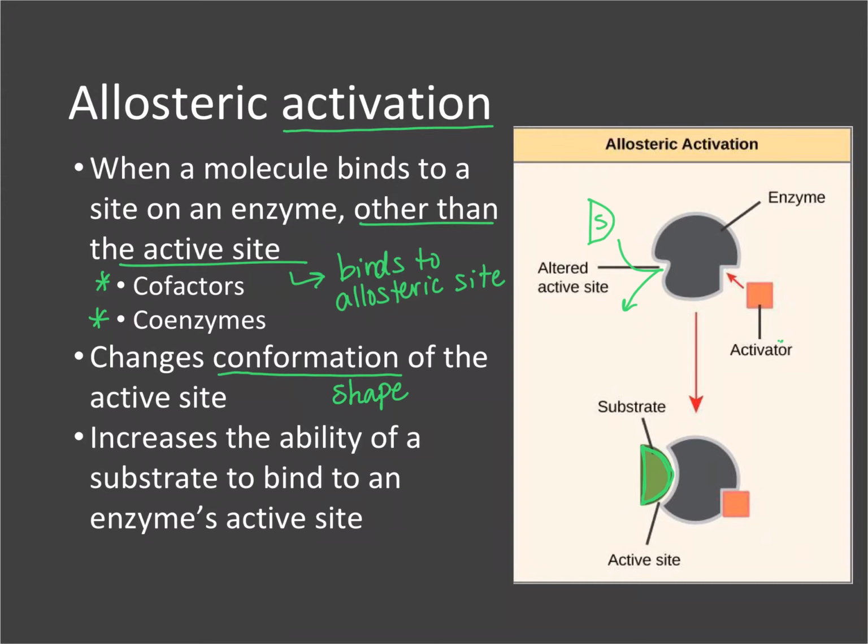But if we have this activator, which is going to be our cofactor or our coenzyme, when it binds to the allosteric site, which is that region right there, you'll notice that it changes the active site from this V shape to this rounded shape. And this rounded shape allows the substrate to bind with the active site. And now that substrate can be catalyzed. The reaction can occur.